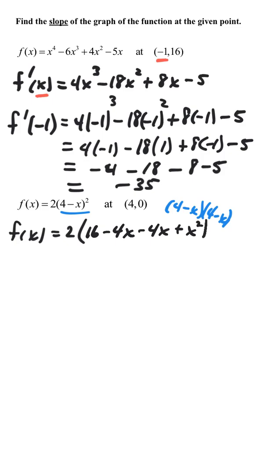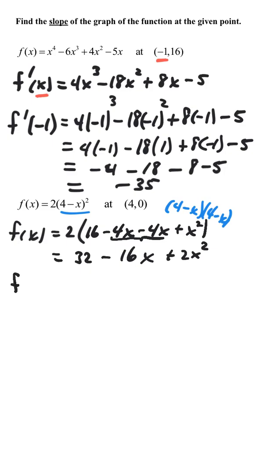You get these 4 terms from the FOIL method. Distribute your 2. Negative 4x minus 4x is negative 8x times 2. So I combined these and then multiplied by 2.